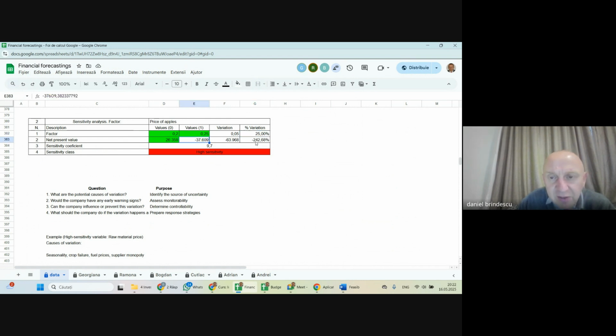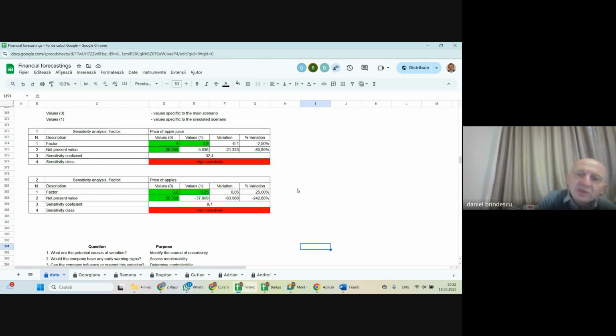So by minus 242%, which basically involves a sensitivity coefficient of 9.7. So high sensitivity of the net present value towards the variation of the price for the raw materials.